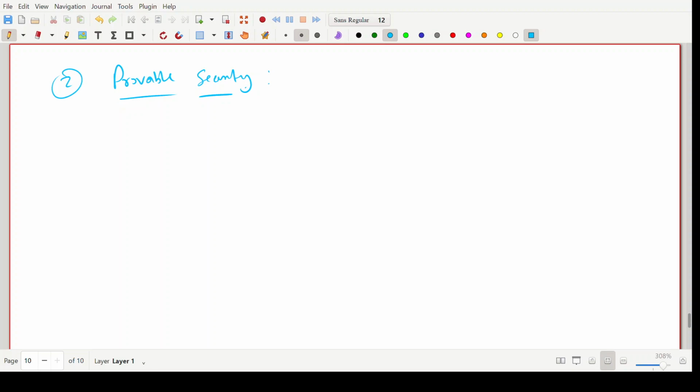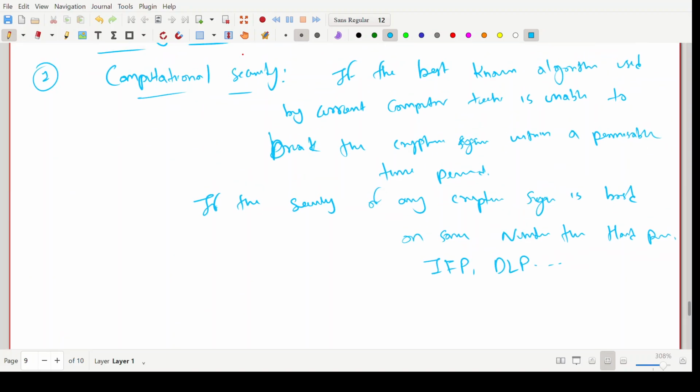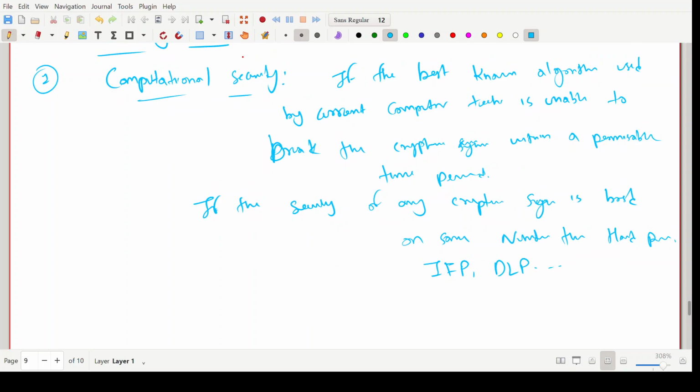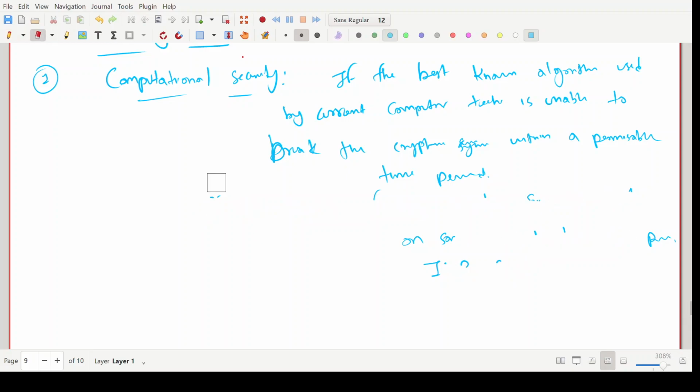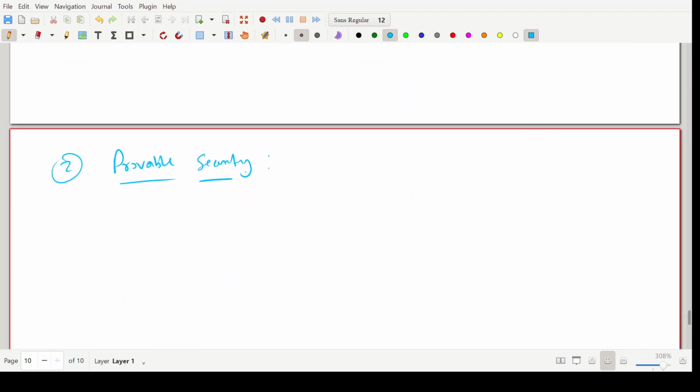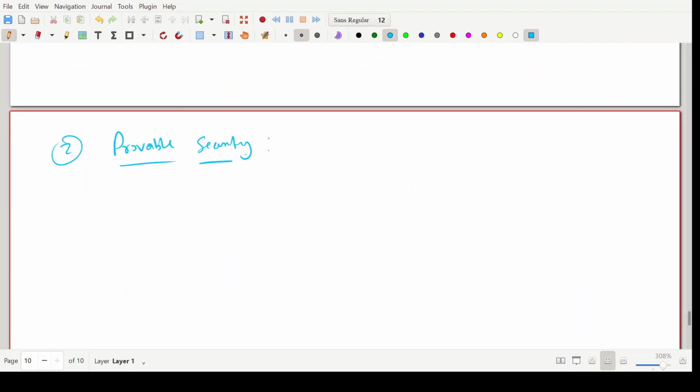In the case of computational security, the main focus was on the computation. Here the focus was on computation only.